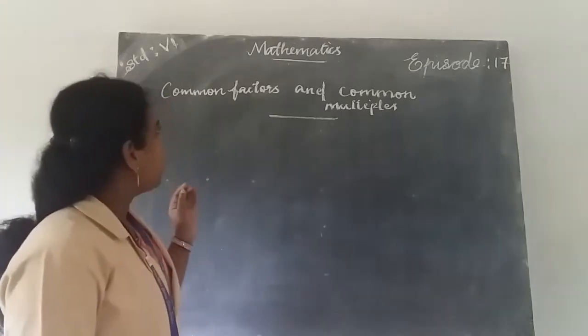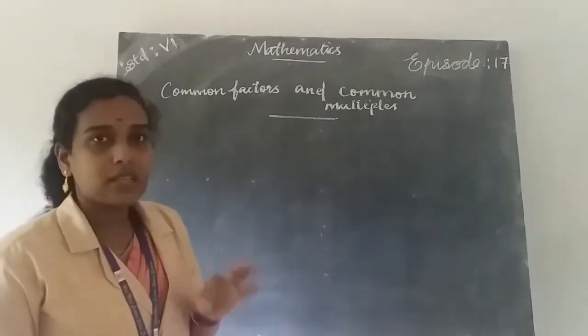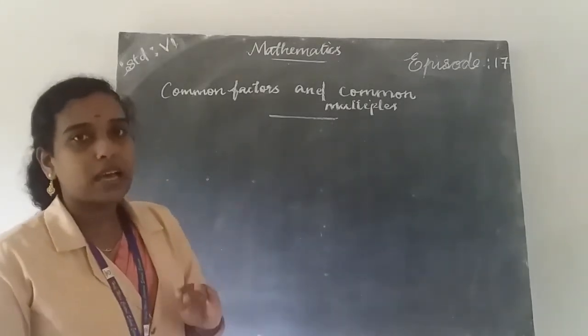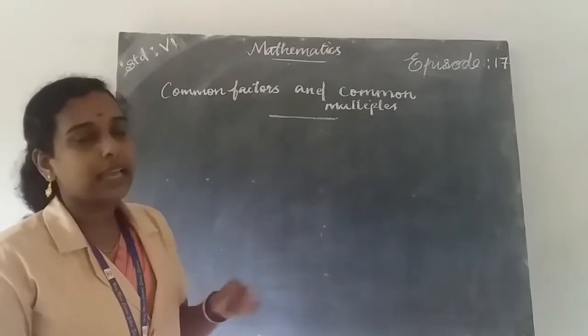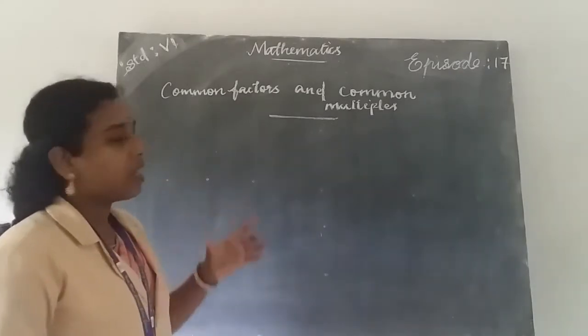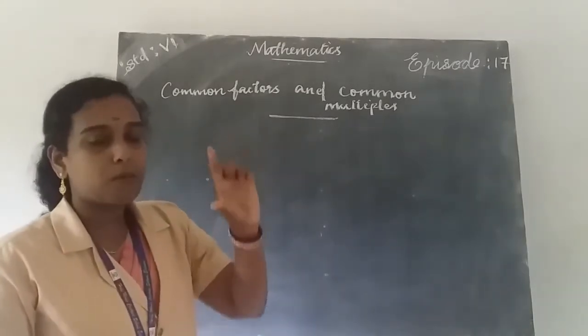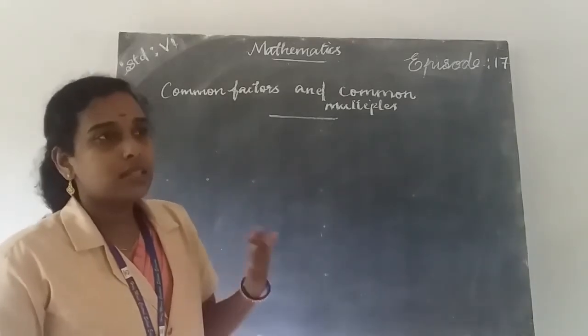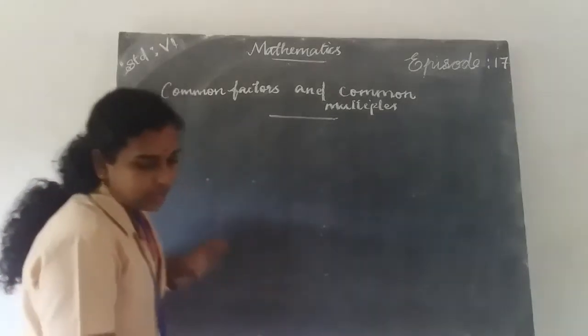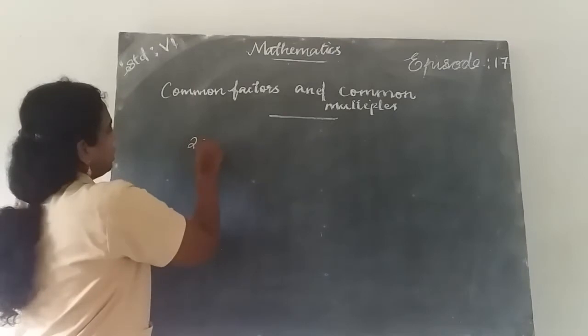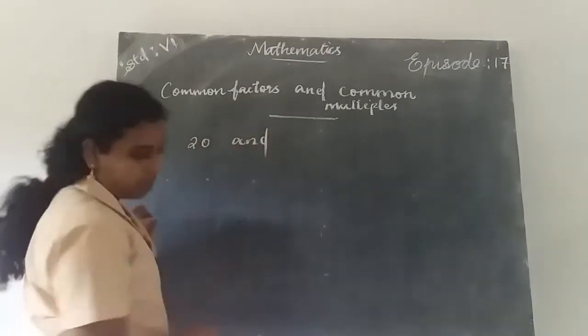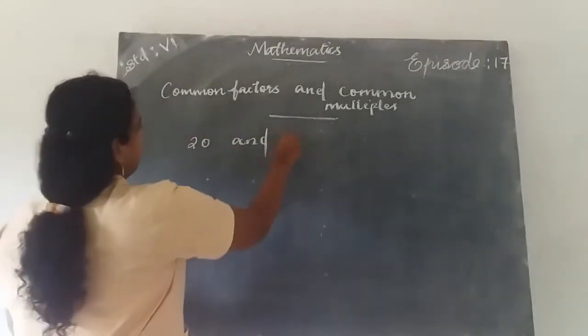So, if you want to find the common factors of any two numbers, first we find the factors of each number, and then we try to find the common factors that come in both numbers. Okay. So let us see an example. For example, we take 20 and 48.